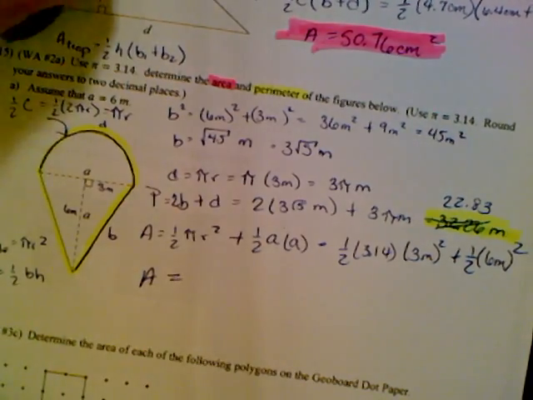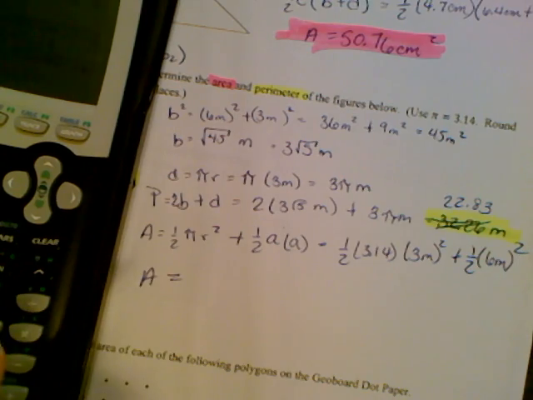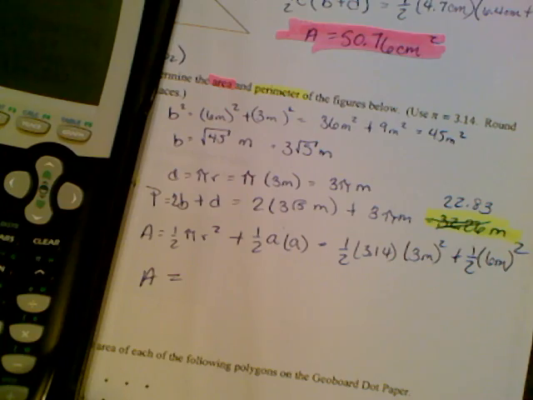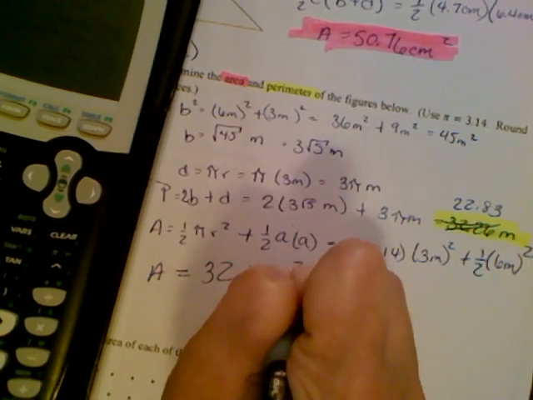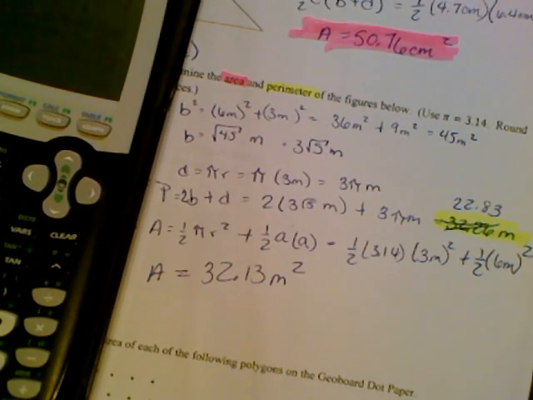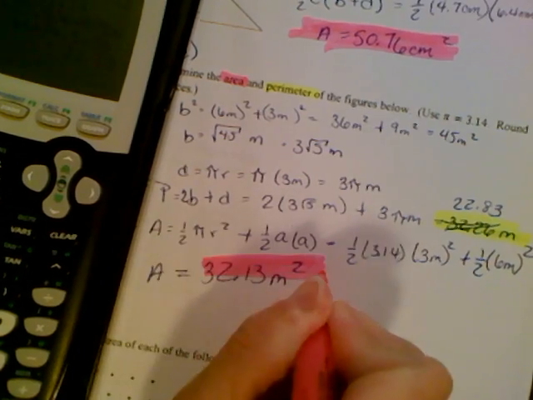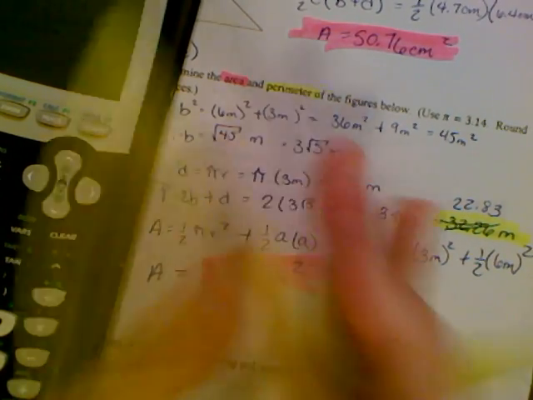So our area equals 32.13 meters squared. So I wonder if I looked at the wrong answer. Nope, I didn't. So there is that, and this is the correct answer for part A.